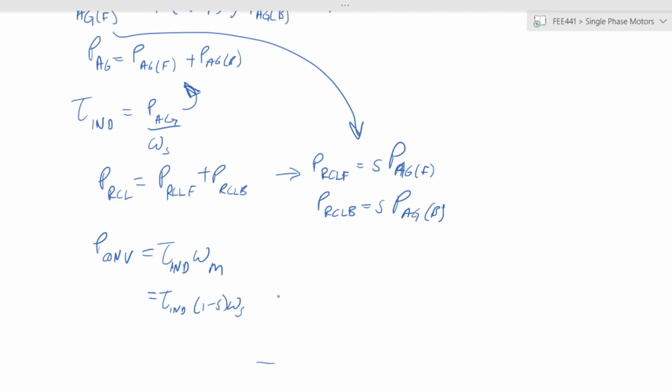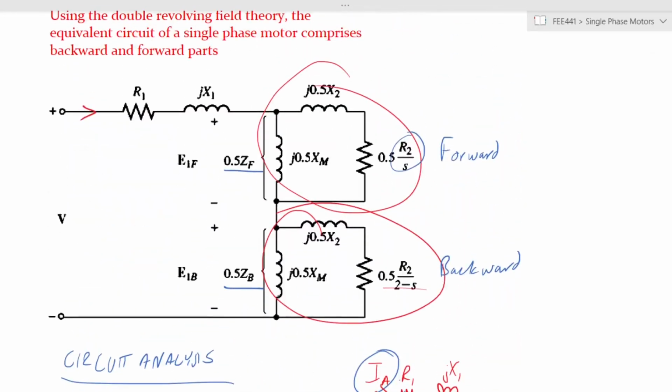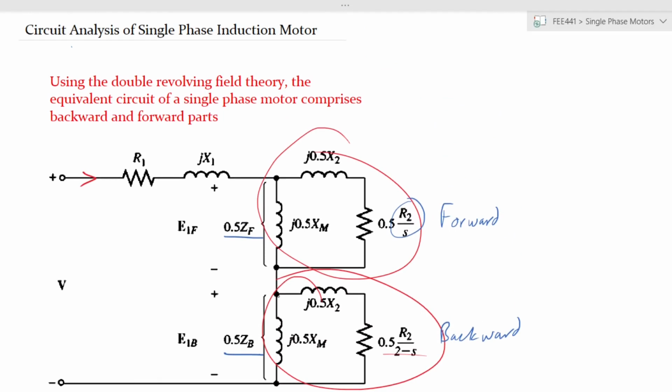Those are all standard and all doable from the three-phase induction motors. So that brings us to the end. We will then do an example explaining these characteristics.